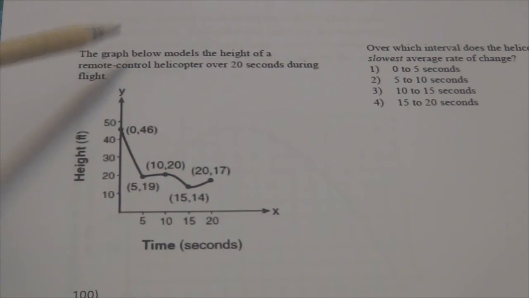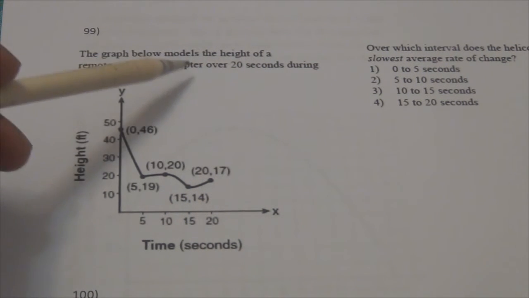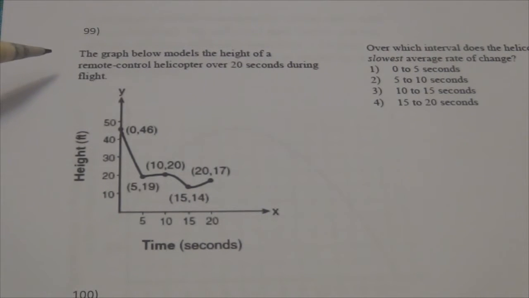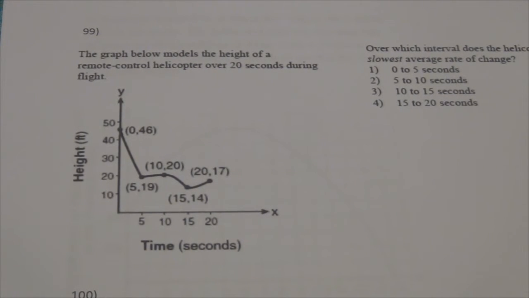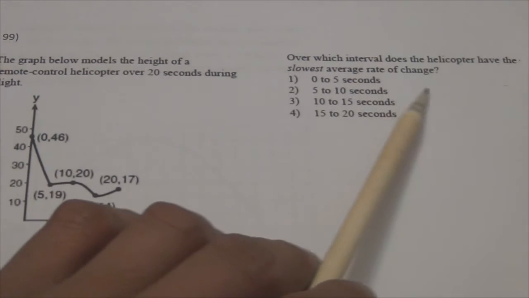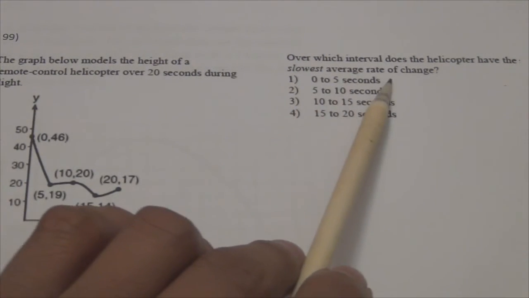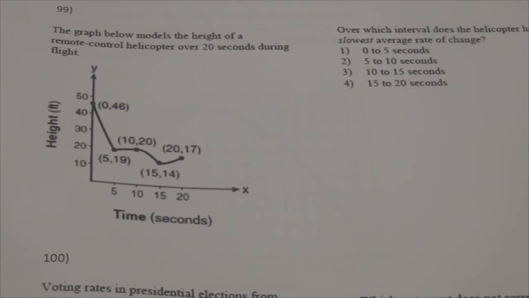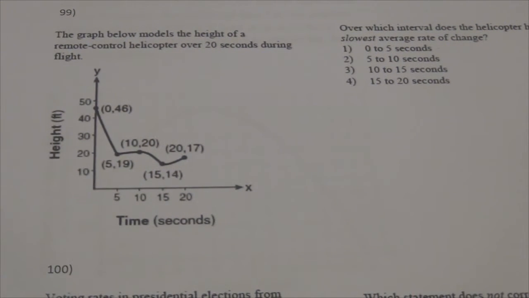The graph below models the height of a remote control helicopter over 20 seconds during the flight. So, over which interval does the helicopter have the slowest average rate of change? What do you think has the slowest? Exactly.